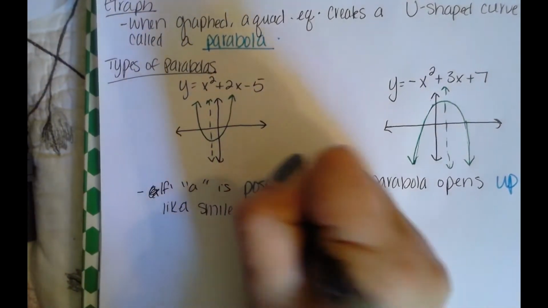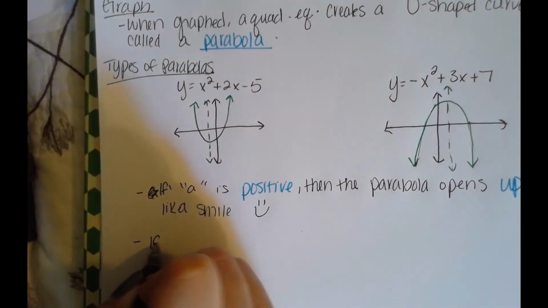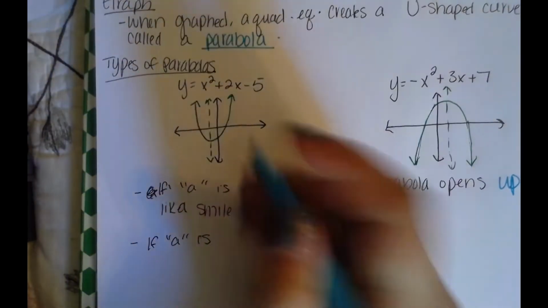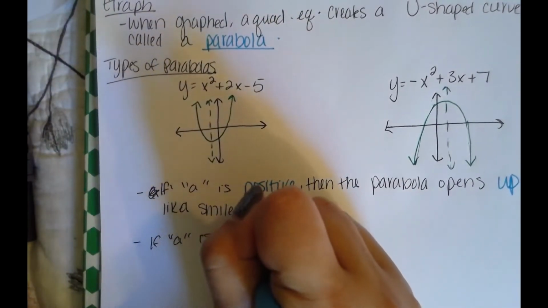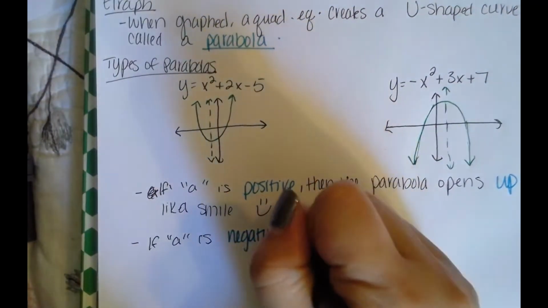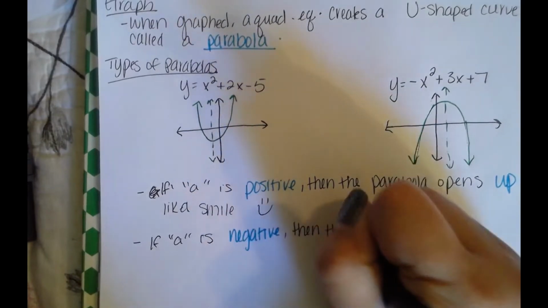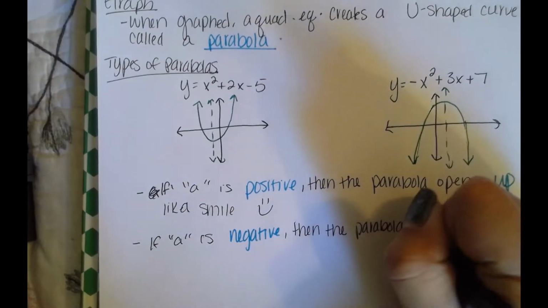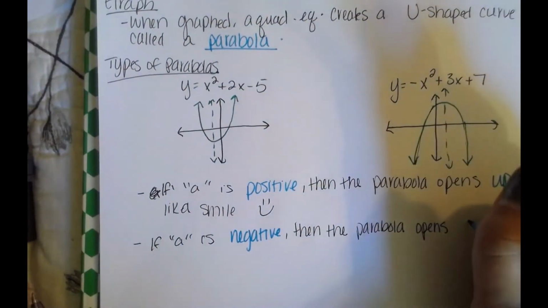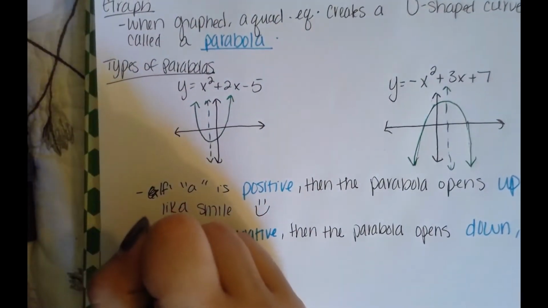So, happy smile, happy parabola. But if your a is negative, then the parabola opens down, like a frown. Down like a frown.